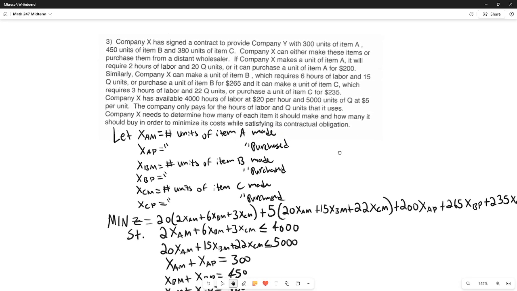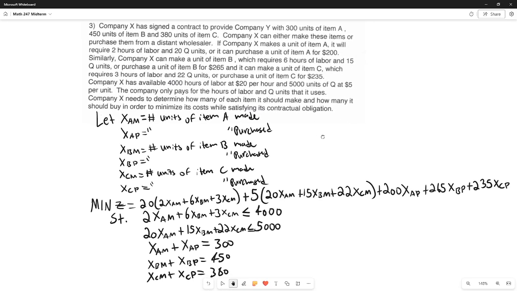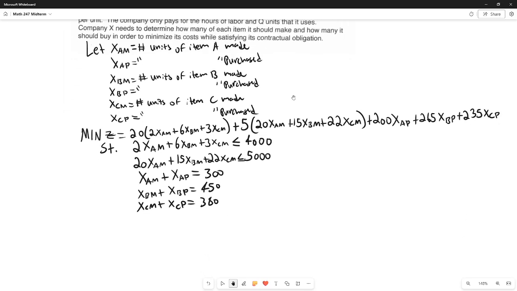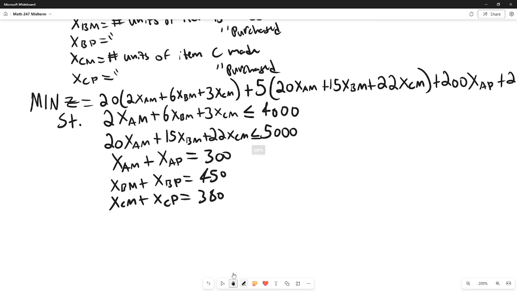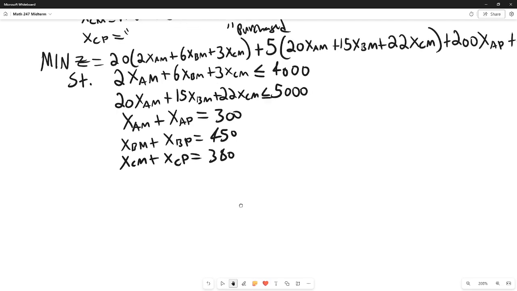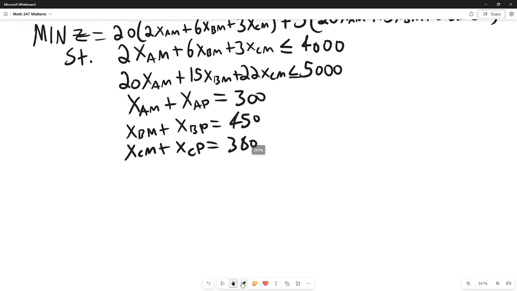All right? And then again, at that point, you might think, okay, well, now I'm done. No, you're not. You're not done because you must ensure that each variable that you use is greater than or equal to 0. I'll do it this way just because it's easier.